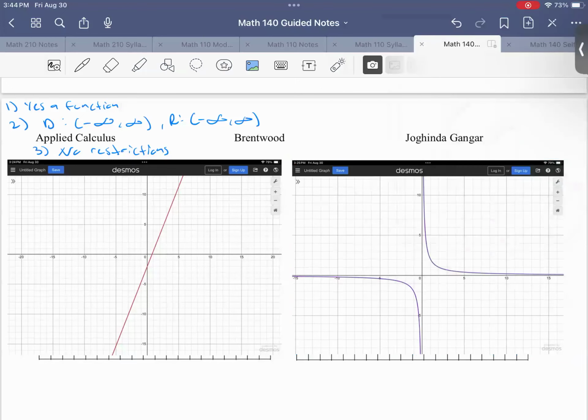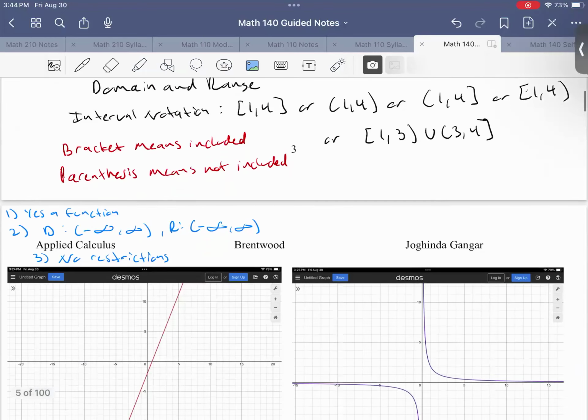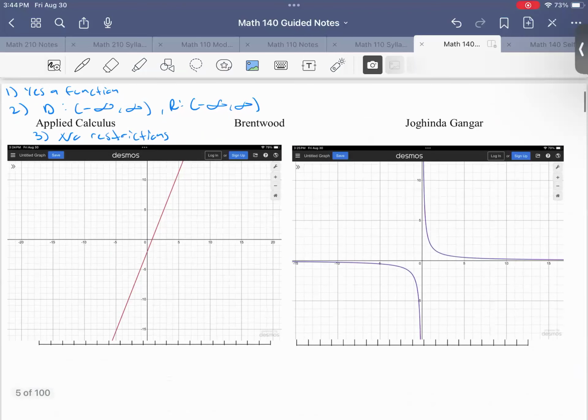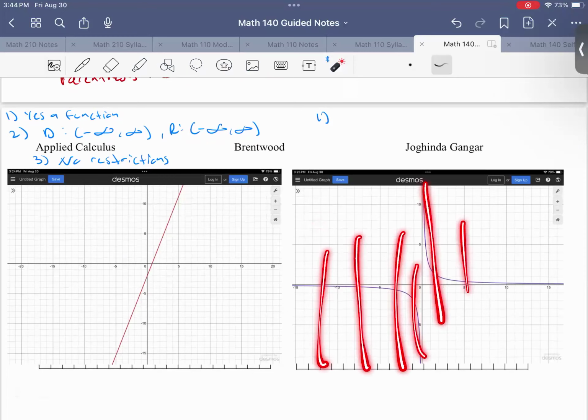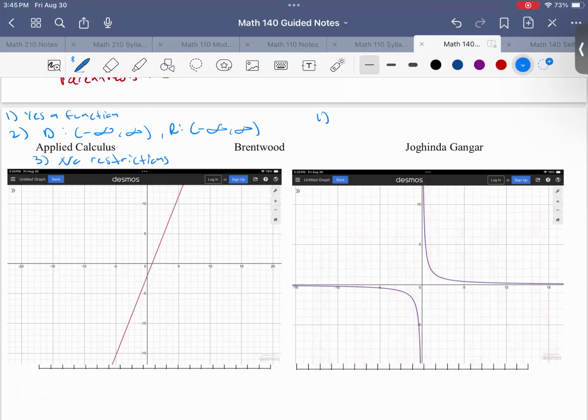And so we have y equals 2 over x. So once again, let's go through the checklist. Is this a function, right? Let's try the vertical line test. Passes a vertical line test. It's not intersecting more than one. So yes, a function.